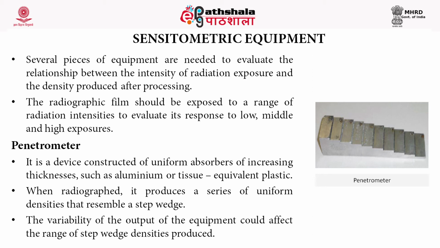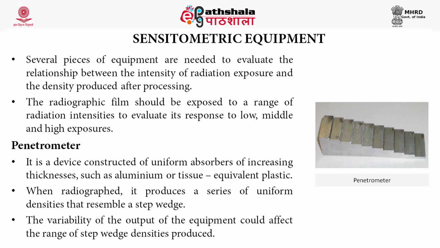A penetrometer is a device that is constructed of uniform absorbers of increasing thicknesses such as aluminium or tissue equivalent plastic. When radiographed, it produces a series of uniform densities that resemble a step wedge. The variability of the output of the equipment could affect the range of step wedge densities produced. A typical picture of a penetrometer is shown on the screen.